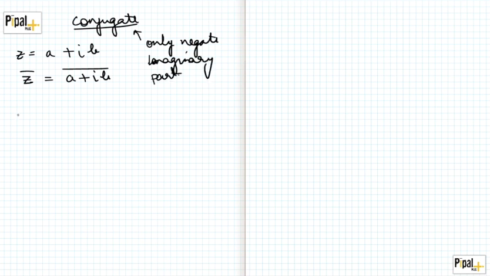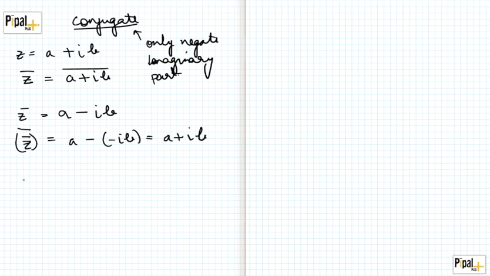So Z bar in this case is equal to a minus ib. The conjugate of the conjugate is going to be a minus negative ib, and we get a plus ib, right? So this gives us the first property, that the conjugate of the conjugate is the original complex number itself.